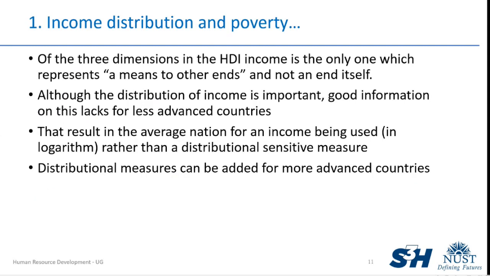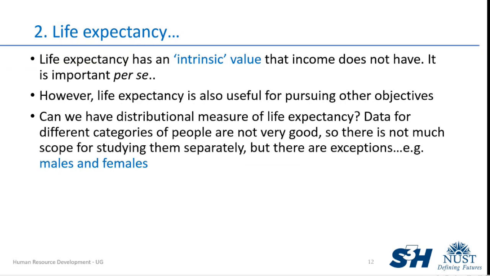Okay? The concept of poverty is included through the inclusion of income in this. So this is what this slide is trying to tell. The means to other ends is income, and the lower the income is, the higher the level of poverty. This is how poverty is kind of indirectly included in the HDI index. Life expectancy also has intrinsic value, which income does not capture, of course.